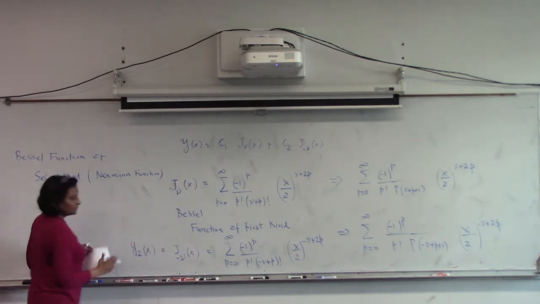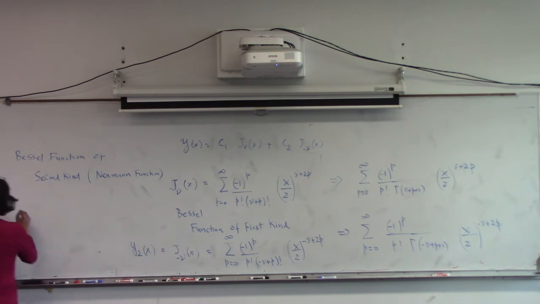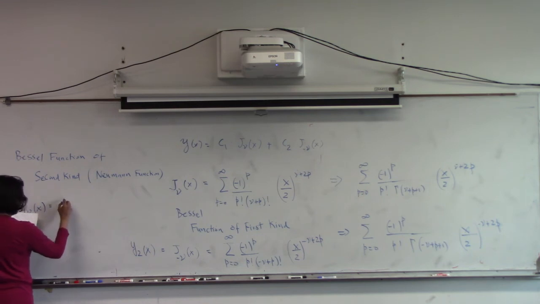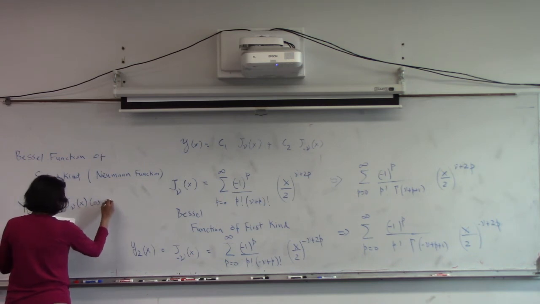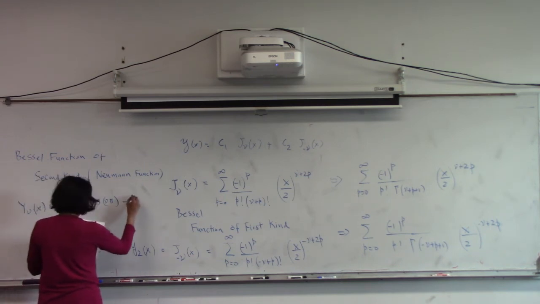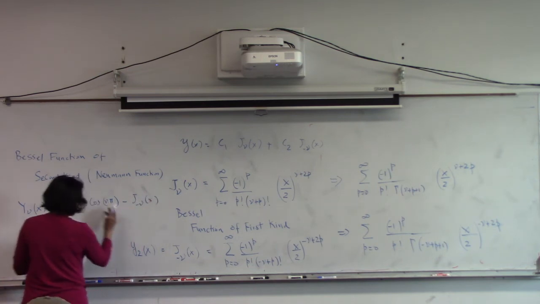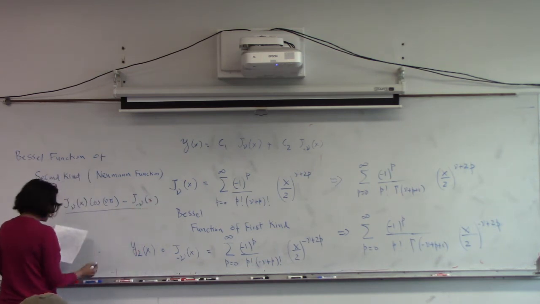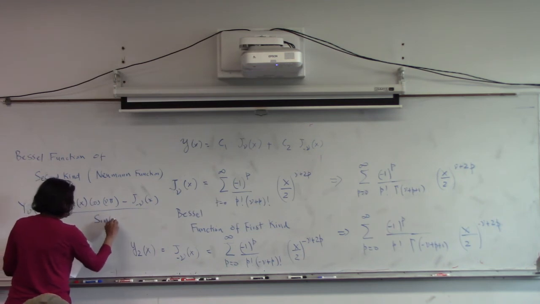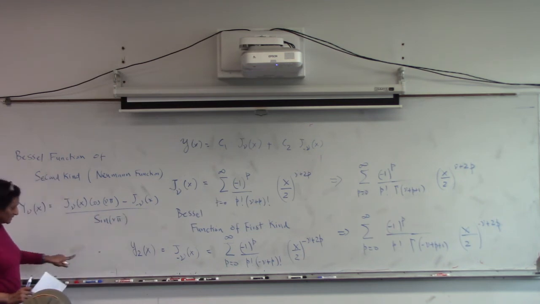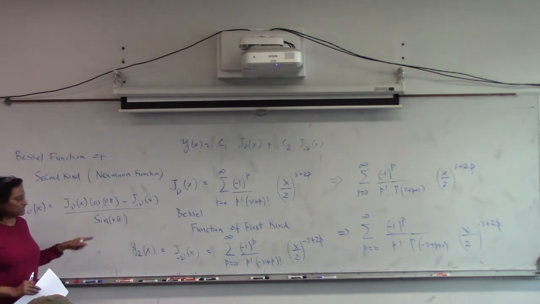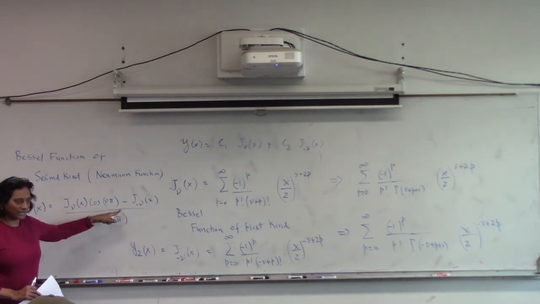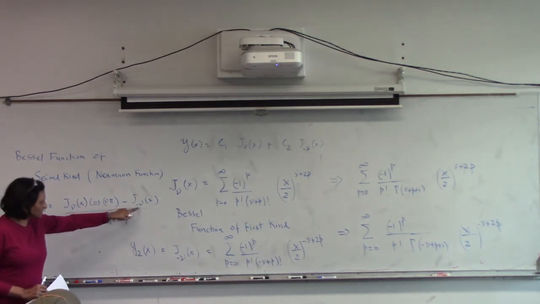Because if J nu and J minus nu of x are solutions, I can hook up another linear combination, with some weight factor multiplying J nu of x. Right, this is what is called the Bessel function of the second kind. Of course, when nu is exactly equal to an integer, it blows up because this is 0 and that will also cancel. Because of the property, this is what I want to talk to you about a little bit.